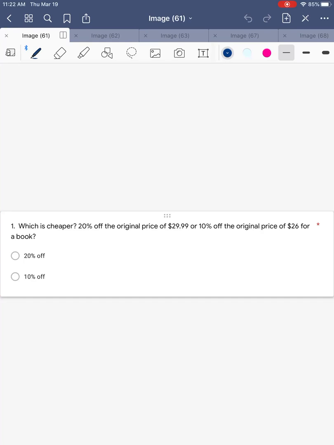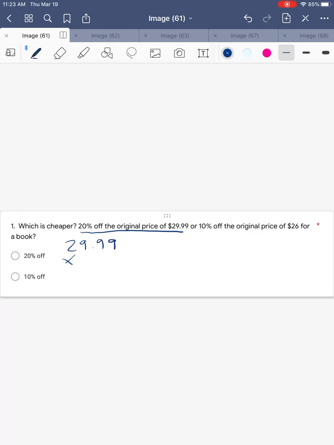So number 1, which is cheaper, 20% off the original price of $29.99 or 10% off the original price of $26 for a book? So what do we want to do on this? First of all, let's start with this first one right here. So we're going to take the $29.99 and then we're going to times it by something.